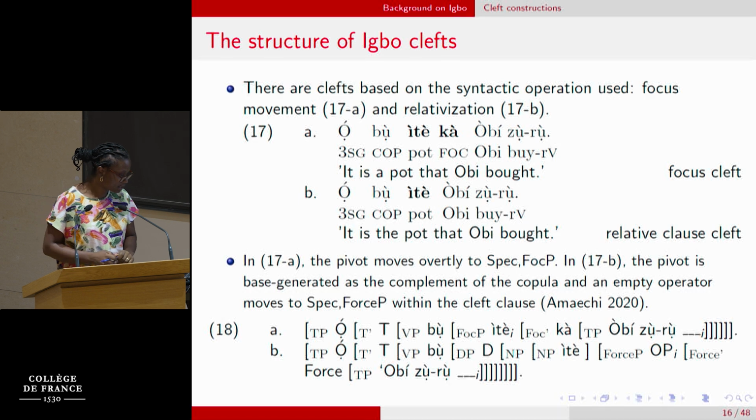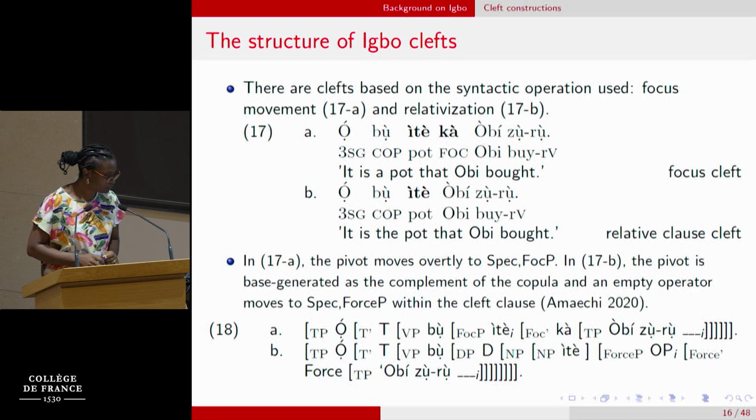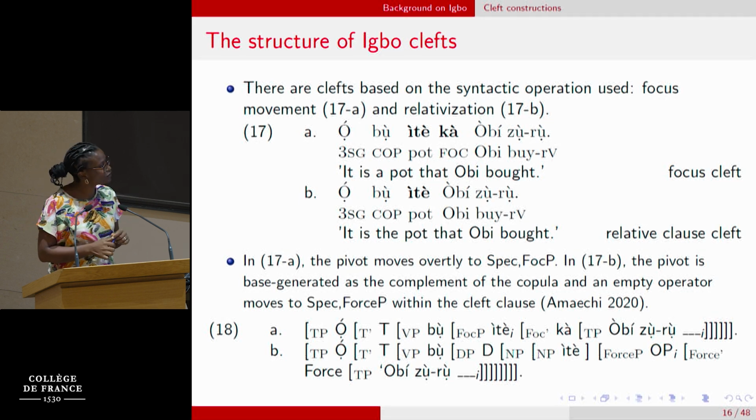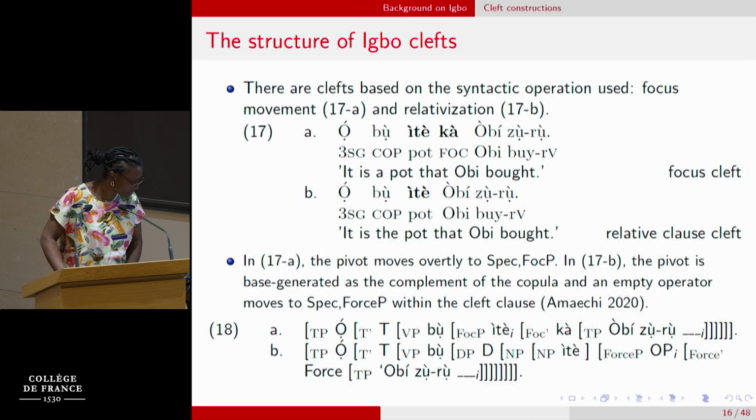So the analysis postulated for the cleft with focus is that we have this focus movement, just as I showed you earlier, overt movement of the focus XP to the specifier of focus, and then we have ka realizing the focus head.